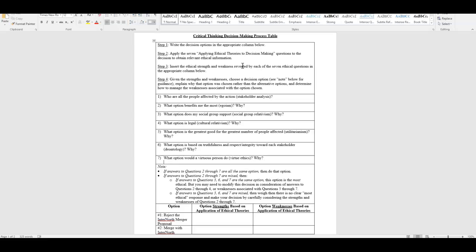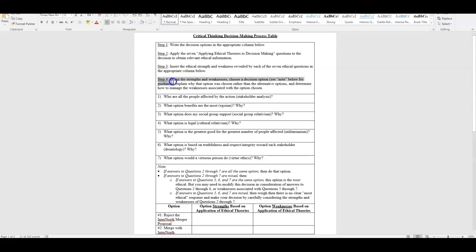So this is the way we're going to think it through, by filling in this table. Step 1, write the decision options in the appropriate column below. Step 2, apply the 7 ethical theories to decision-making questions to the decision to obtain relevant ethical information. Then do step 3. Insert the ethical strengths and weaknesses revealed by each of the 7 ethical questions in the appropriate column below.